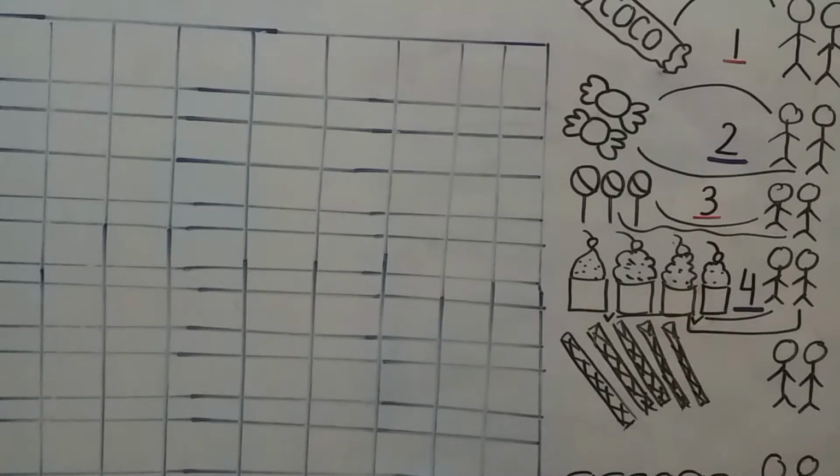Now I have licorice sticks. These are also a type of candy, we call them licorice. How many licorice do I have? 1, 2, 3, 4, 5. I have 5 licorice sticks. I'm going to write 5 over here. Let's see if I can divide these 5 licorice sticks between 2 students. If I give 2 to each, would I be able to divide?